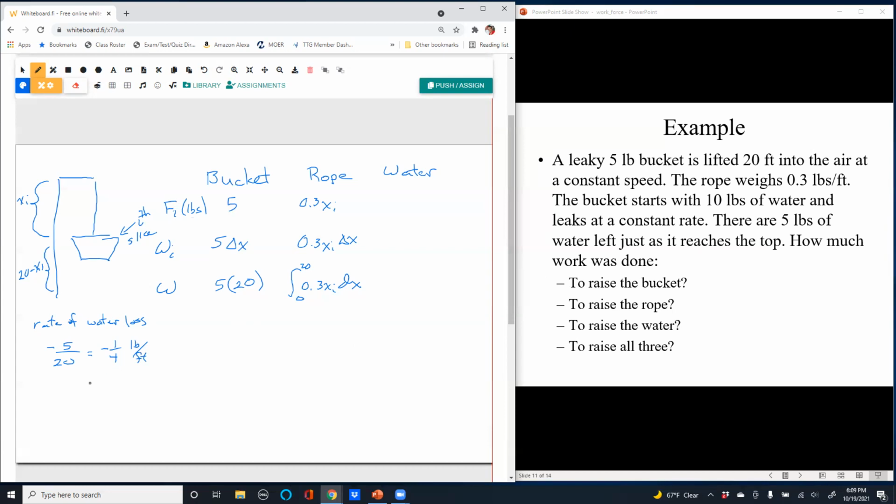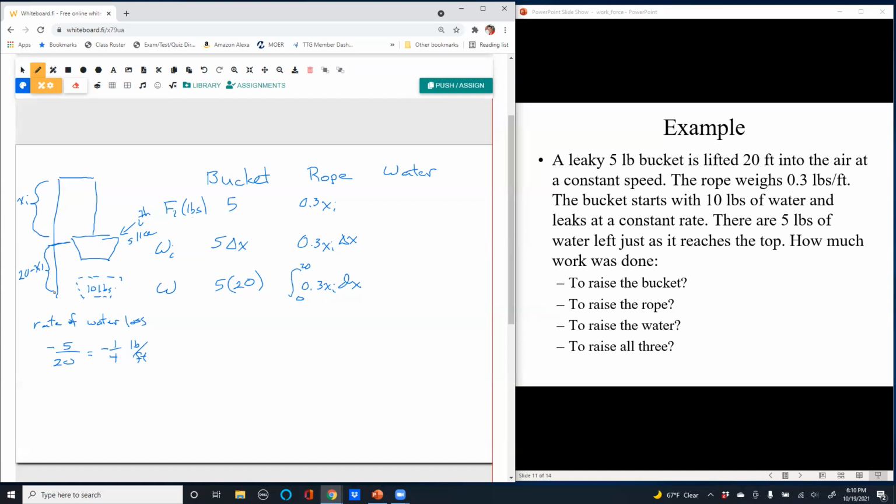Now, you need to think about what the water looks like. So at the bottom, when we're down here, the water is at 10 pounds. Haven't lost any, but we're losing 1/4 pound every time we go up a foot. So what we need to do is figure out how much water we have at our ith slice.